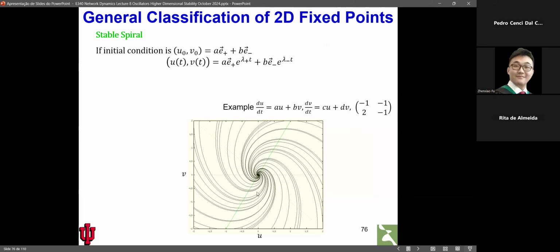And so this is an example of the stable spiral. It's going towards the fixed point, although it spirals, it circulates around this system.